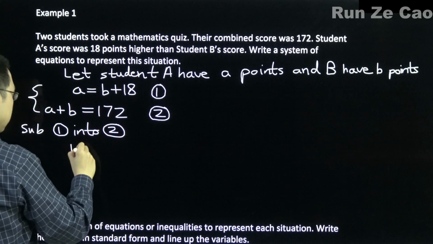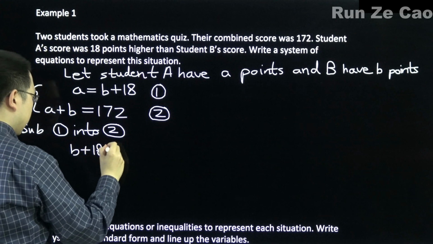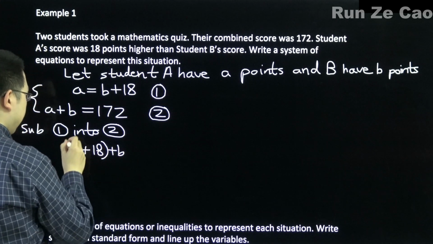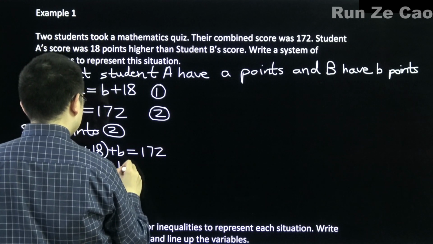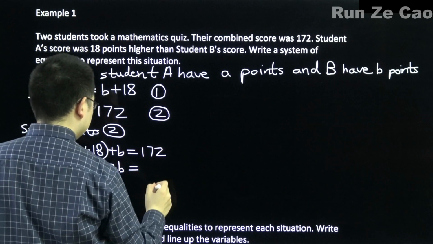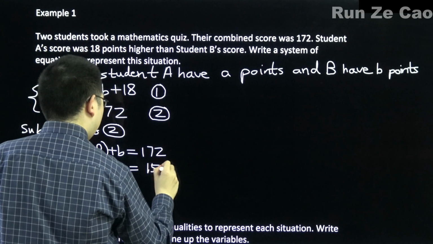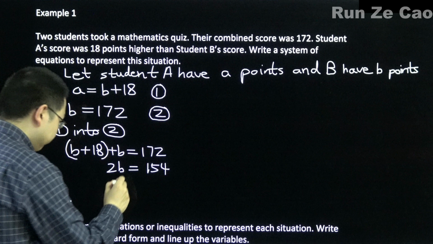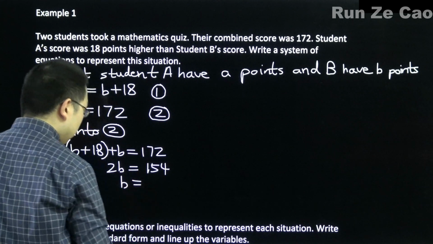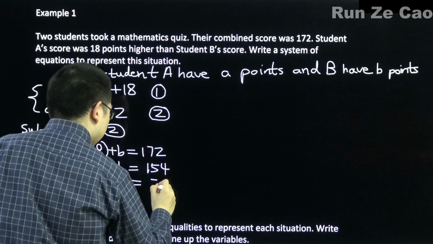That would give us B plus 18 plus B is equal to 172. So that means 2B is equal to 154. And then we divide, so B is equal to 77.